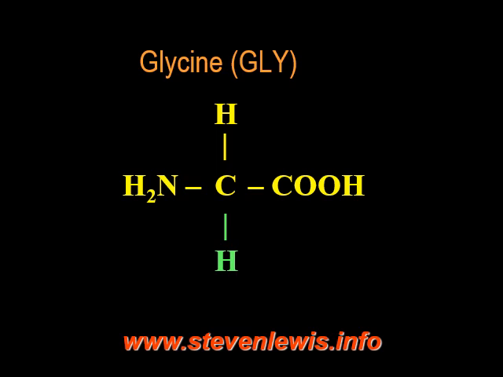The 3-letter abbreviation for glycine is GLY. The backbone of an amino acid is what they all have in common, and is shown here in yellow. The unique side chain of glycine is simply a hydrogen.